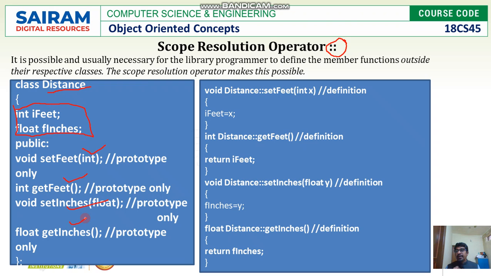We have not defined them inside the class. The definition is happening outside the class. How is this done? You have to mention the class name, then write the scope resolution operator, then the function name. This is the first function.